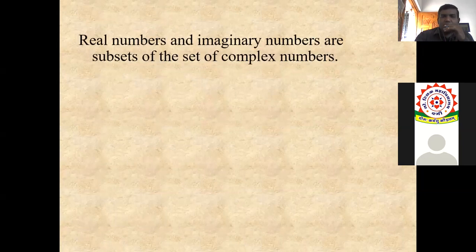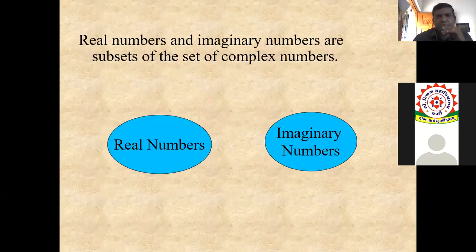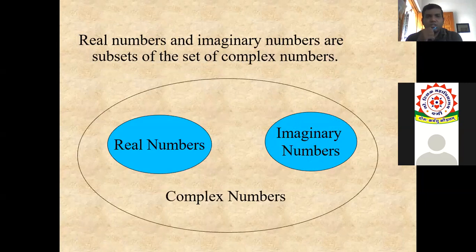Both real numbers and imaginary numbers are subsets of complex numbers. Is that clear? Because a complex number can be written as a plus ib, where a and b are real numbers.